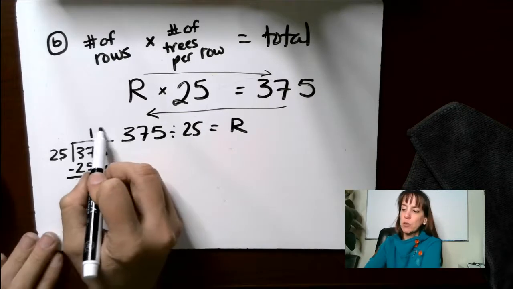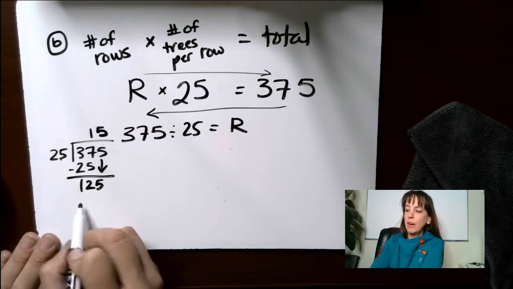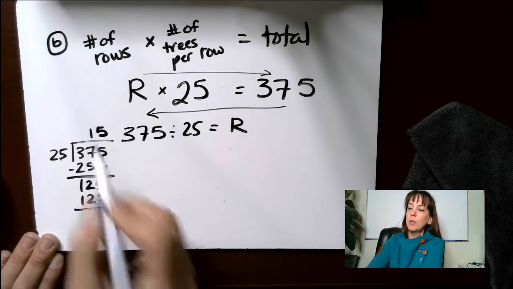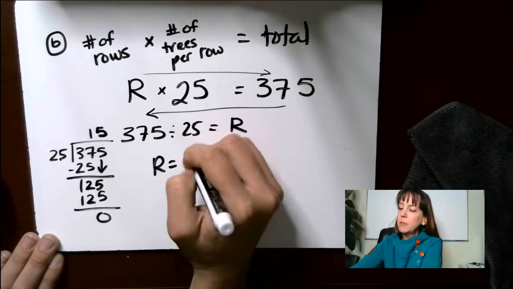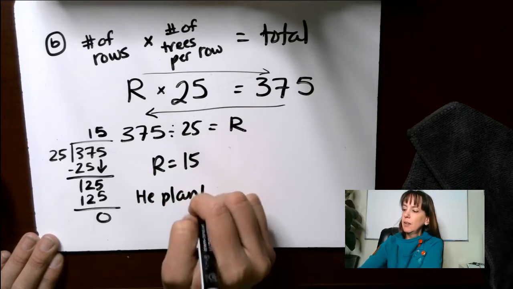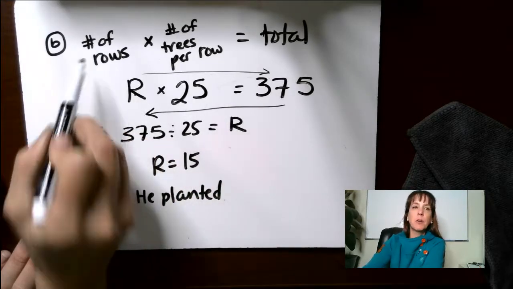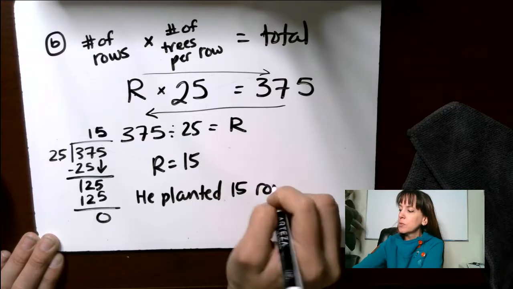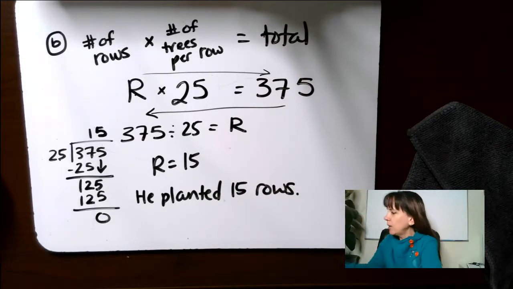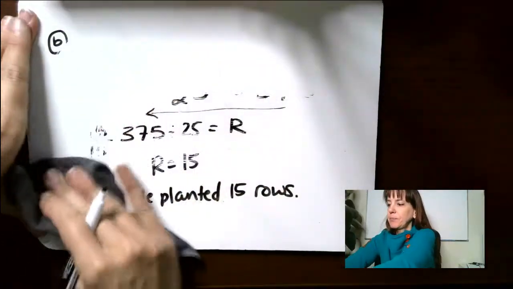We would have 5 quarters. So 5 times 25 will give us 125 with 0. So R equals 15. Remember R is number of rows. He planted 15 rows. Excellent. All right, so let's move on to C.